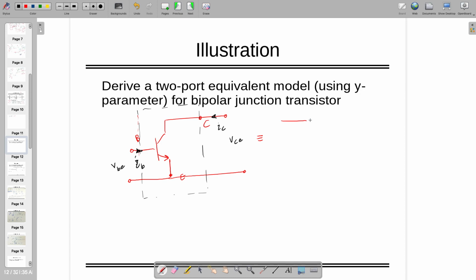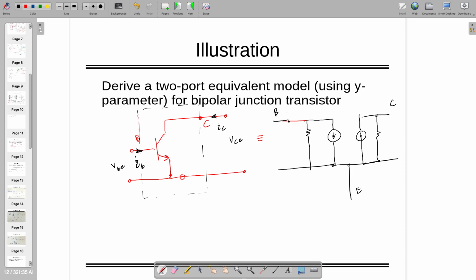And you are going to have the following things: one resistance and something in parallel which is a current. This is current, this is resistance, this will be emitter, this will be collector, this will be base, and this will be VBE, and the current which is going in is IB.